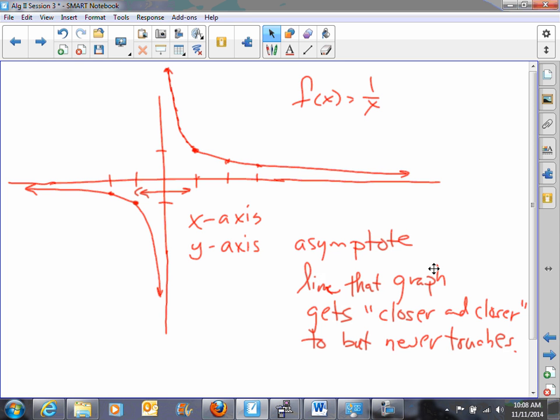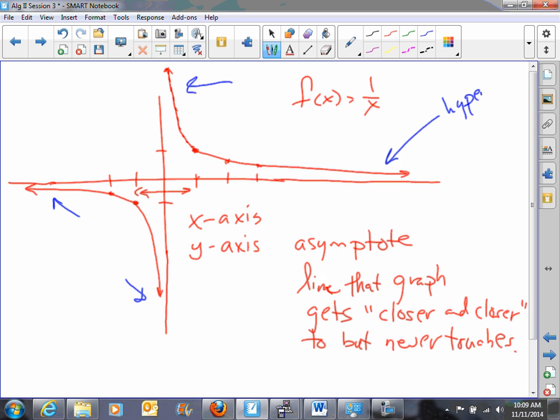Now, this graph is a graph that has a name. Any graph that, I'll use asymptote as a verb, although that's probably horrible, any graph that asymptotes in both directions, like this, is called a hyperbola. Okay.